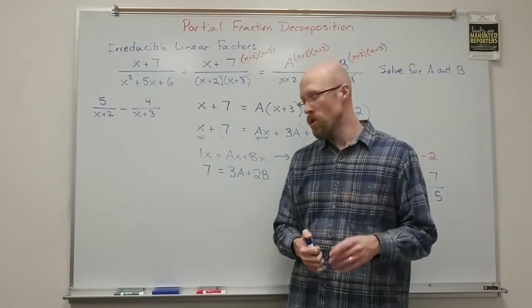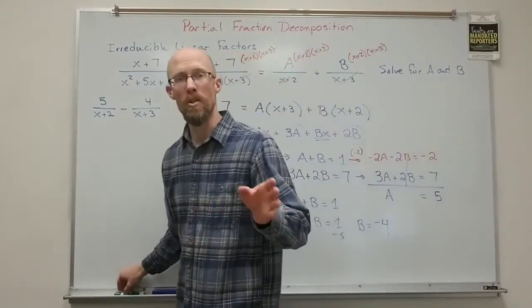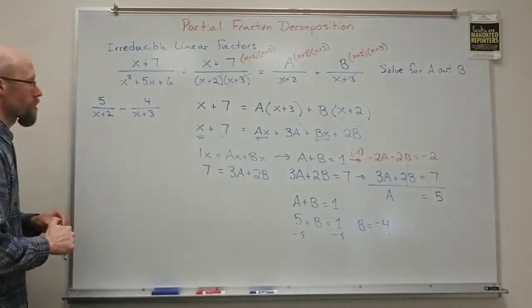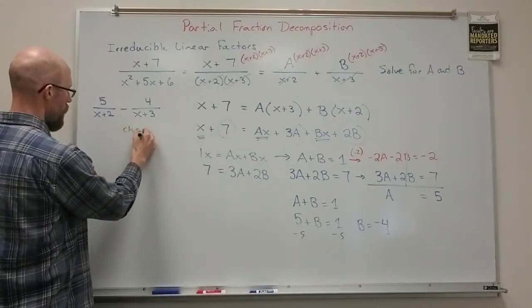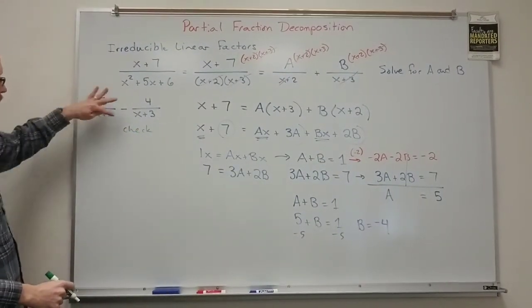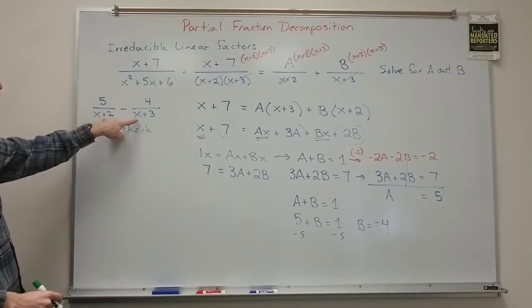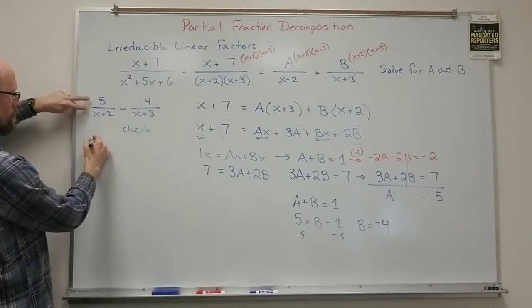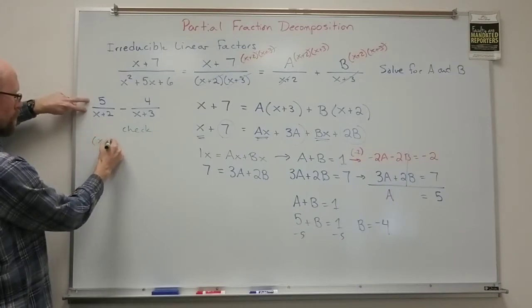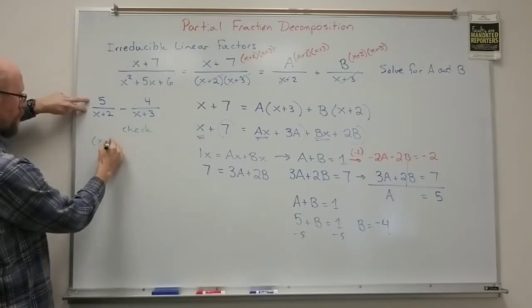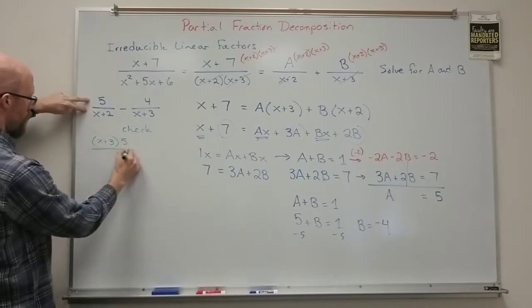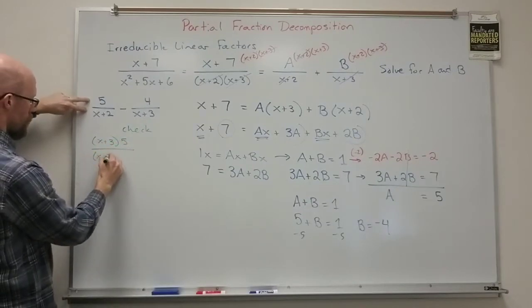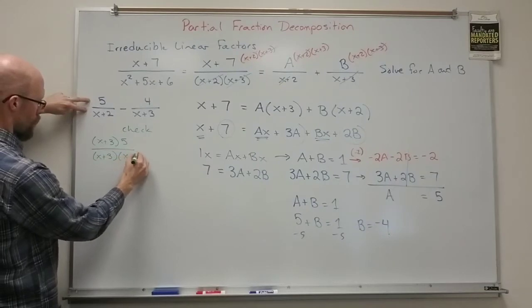Now let's just check and make sure that that works. I'm not going to expect you to check every one of these, but I'm going to do it just to show you how this actually works out. So as a check, I'm going to get a common denominator, which I know is the product of the two denominators, and I'm going to multiply on top. So this first fraction would become x plus 3 times 5 over x plus 3 times x plus 2.